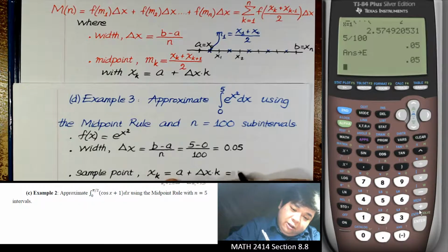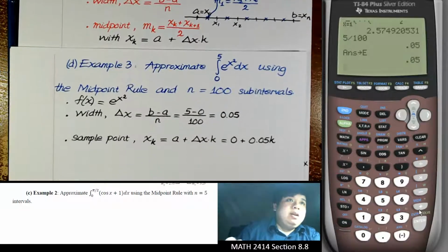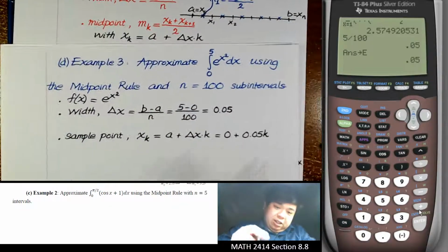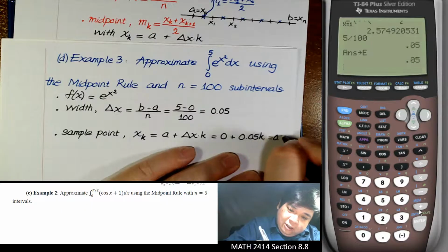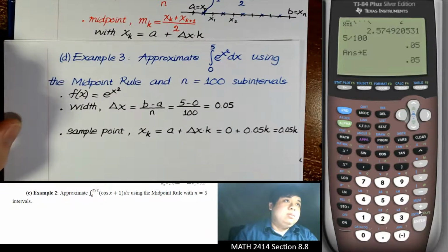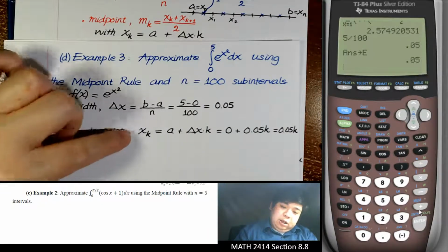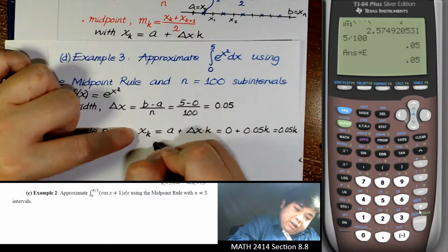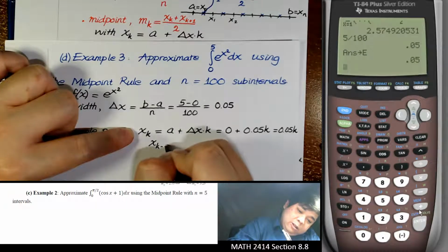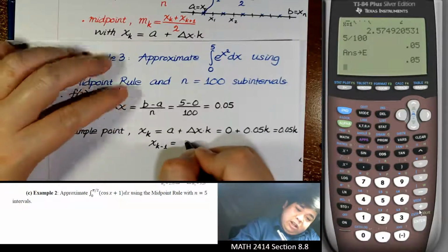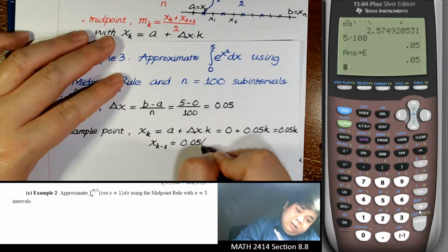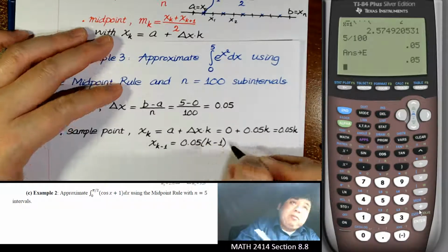A is 0, delta x is 0.05 k, which is just 0.05 k. So that is x sub k. Then x sub k minus 1. Just put k minus 1 here. Right.